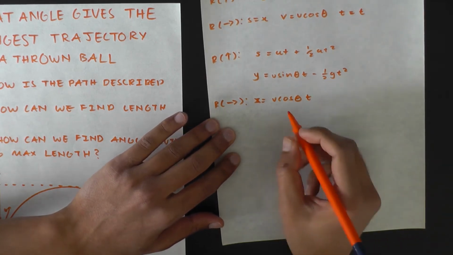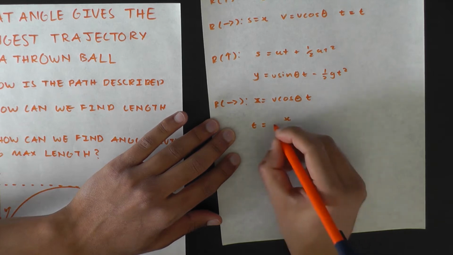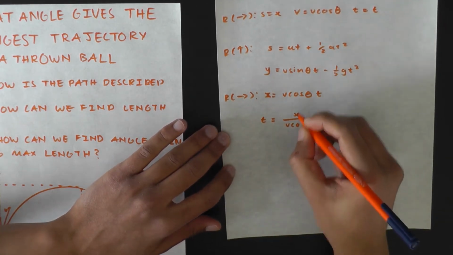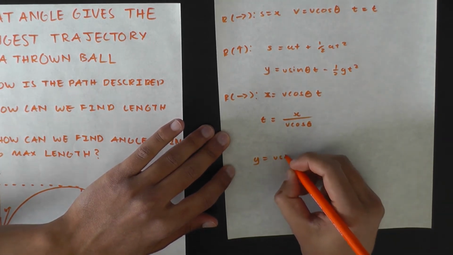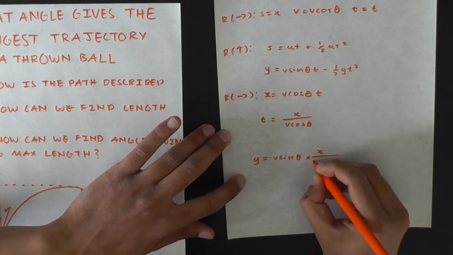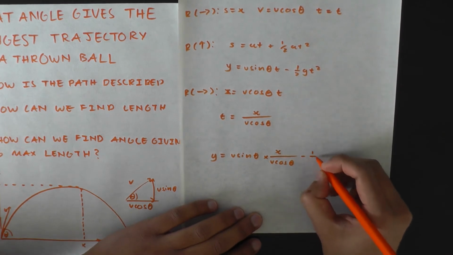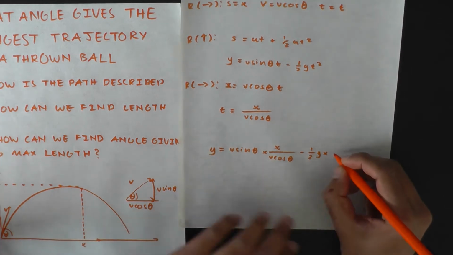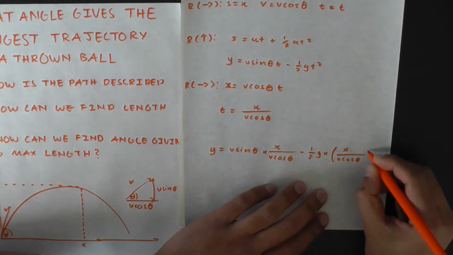To combine these, we turn this into t equals x over v cos theta, and then put that into here. We get y equals v sine theta times x over v cos theta, minus half g times x over v cos theta, all squared.